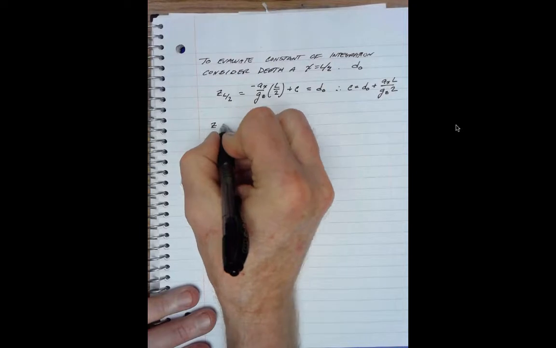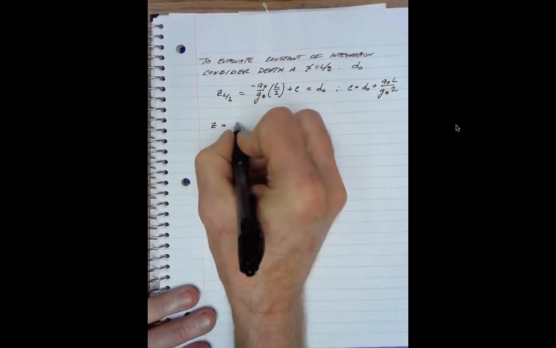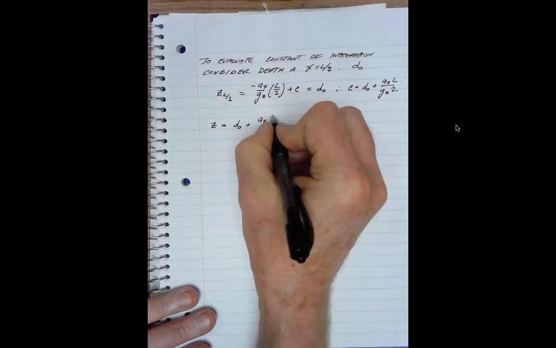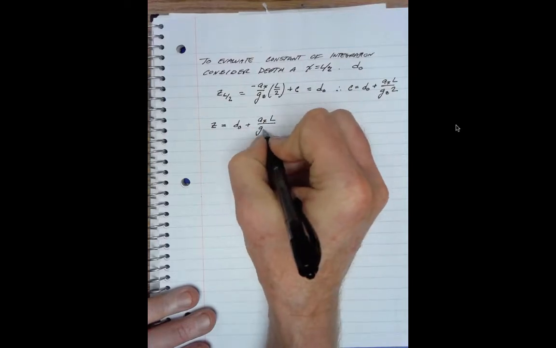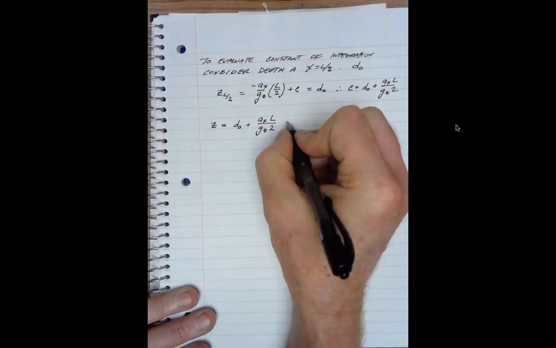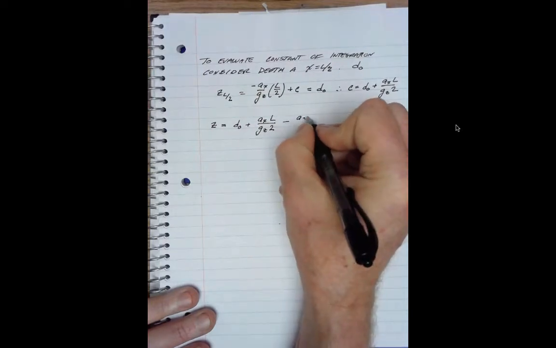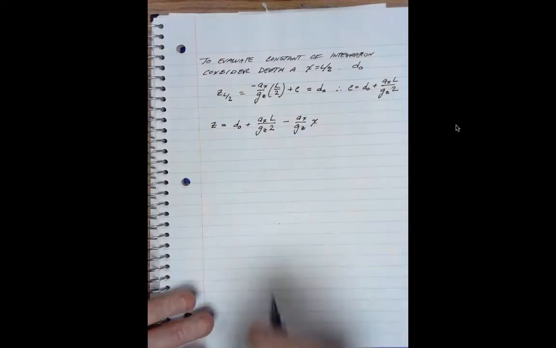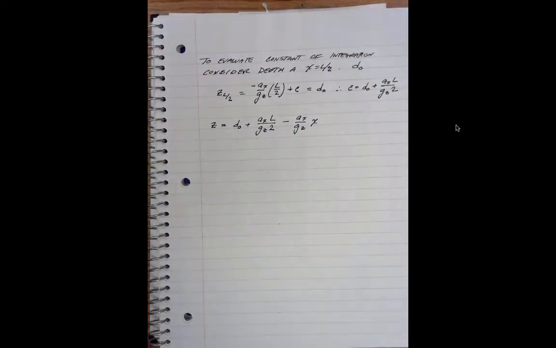So z, the position of the free surface, is equal to d0 plus a_x L over 2 g_z, minus a_x over g_z times x. Let's ask ourselves if that's correct.